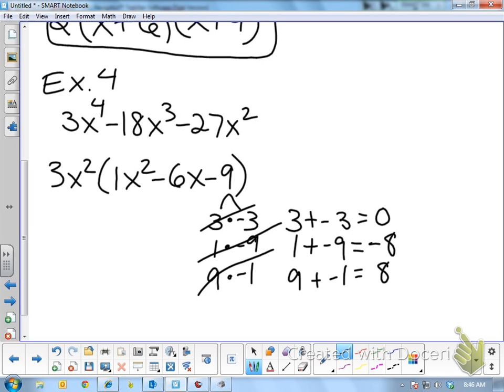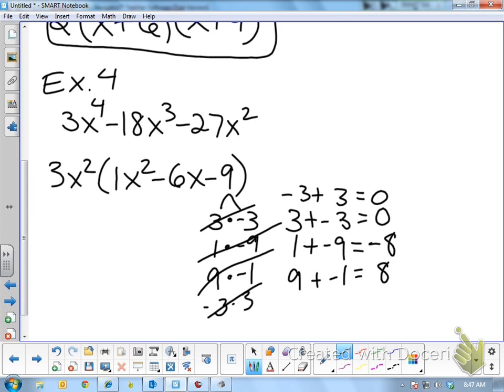Have we used every factor of 9 we know? Negative 3 times negative 3. Negative 3 times positive 3. When we add negative 3 plus positive 3, we still get 0. So there was our last factor. It was the last one we could check. Okay, but that's a positive 9, and we need a negative 9.